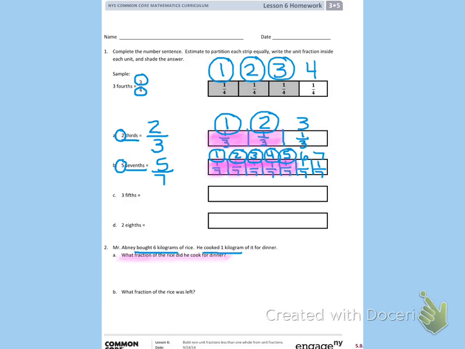I'm going to underline the word fraction, and I'm going to underline the word cook. Those are very important words because they tell me that I'm supposed to write this as a fraction. And the fraction that I will write is the fraction for the portion of rice that Mr. Abney cooked.